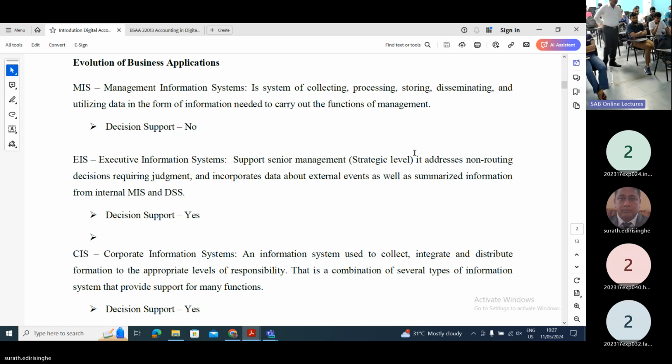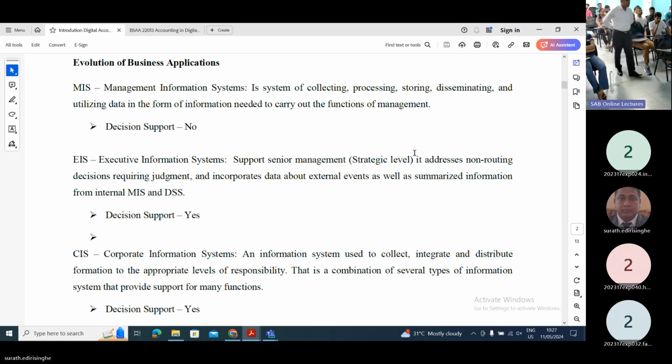Normally, the executive information system is also embedded with MIS and DSS. DSS means decision support system. Together with the MIS and DSS, the executive information system was developed. It is a more powerful system than the MIS.